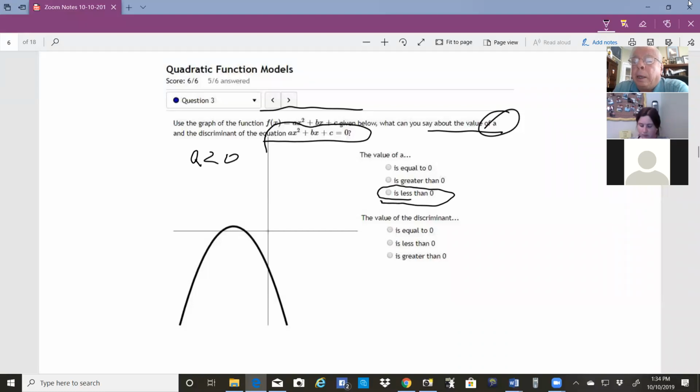Now, what determines the value of the discriminant? Whether it's 0, more than 0, or less than 0? Destiny, do you remember? You said what, sir? Can you repeat that?